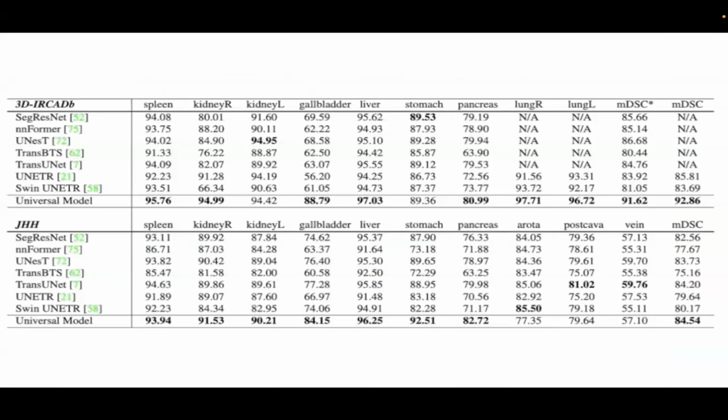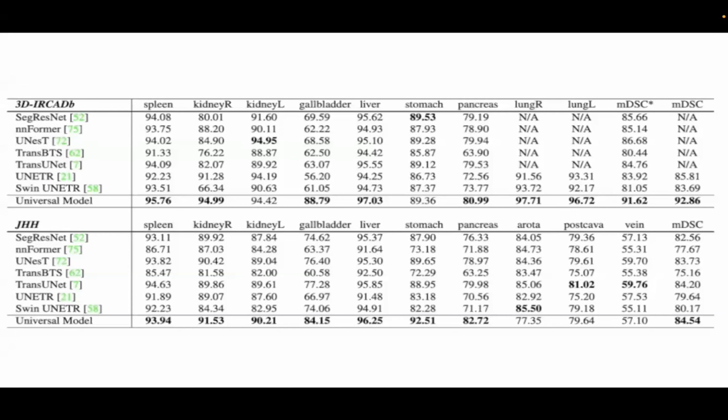So now moving on to the evaluation of generalizability on external data sets. The authors utilized two data sets here, the 3D-IRCADb, as well as the Johns Hopkins Hospital data set, which exposes classes that aren't necessarily included in the beginning. To look at this, we look at the mean dice score to see how generalizable the universal model is.